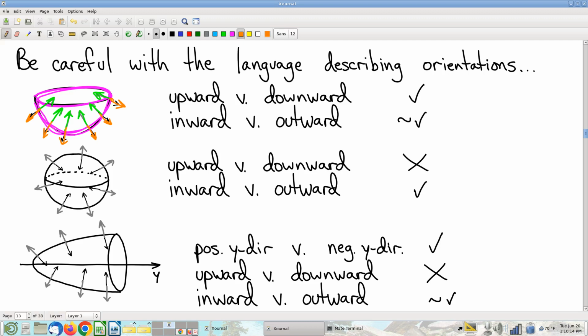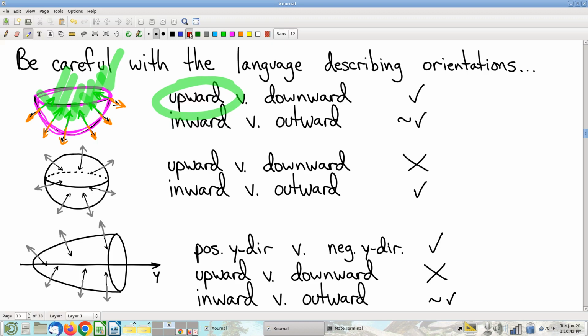So the understanding is that when you describe an orientation, the job of the language is just to unambiguously distinguish between the two options. So for example, if I were to say upward, the nice thing about this word upward is that every one of these green vectors that I'm describing is at least somewhat upward.